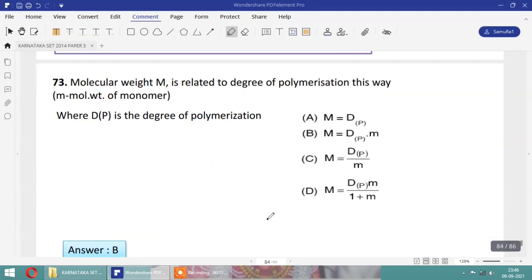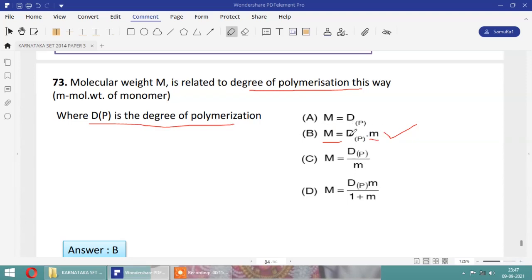Molecular weight M is related to degree of polymerization DP in this way, where DP is the degree of polymerization. Answer B is correct. M equal to DP into m, where capital M is the molecular weight and small m is the molecular weight of the monomer, and DP is the degree of polymerization.